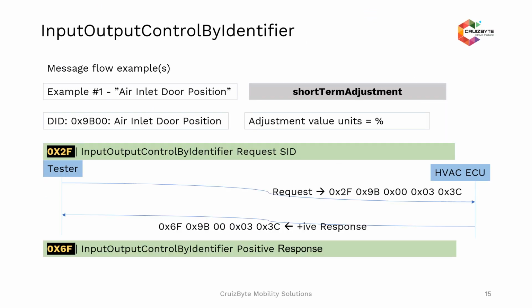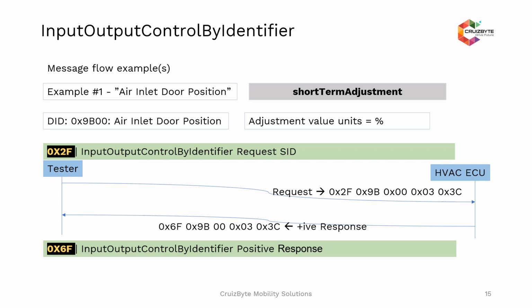Okay, and now here is an example for us to understand how this input output control identifier works. We have taken an example of an actuator, and the actuator name is air inlet door positioning. The method in which we are going to control this is the short-term adjustment parameter.